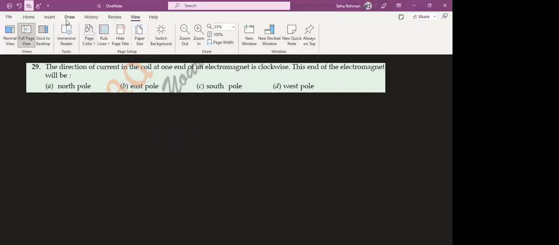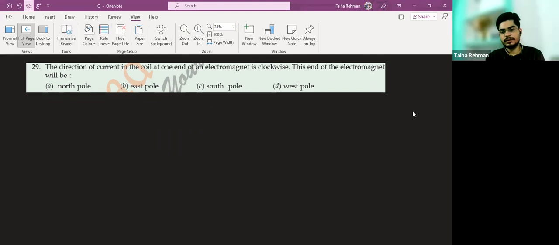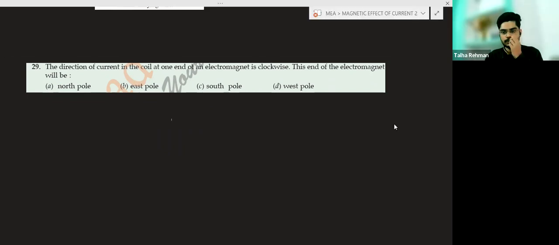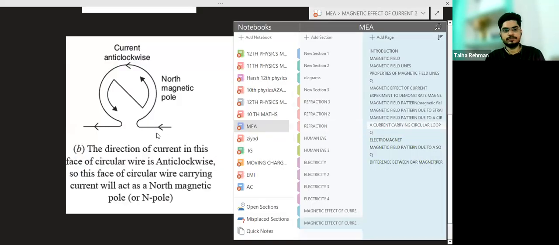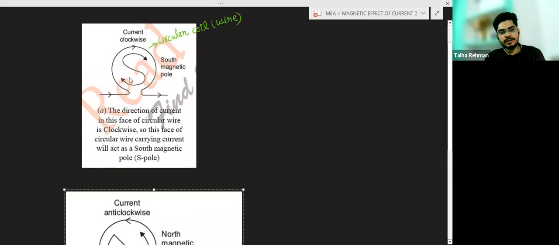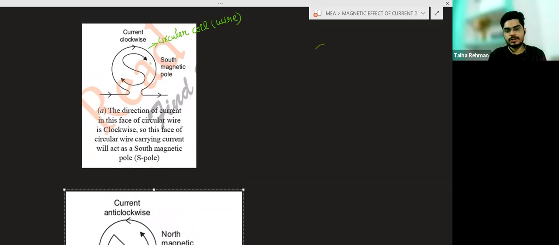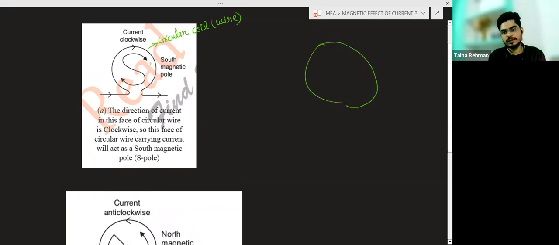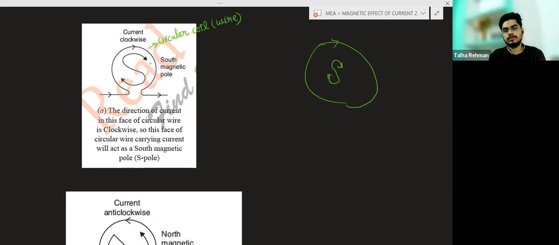I told you, you can see here. If the current is clockwise like this, then it will be south pole. And if the current is anti-clockwise, it will be a north pole.